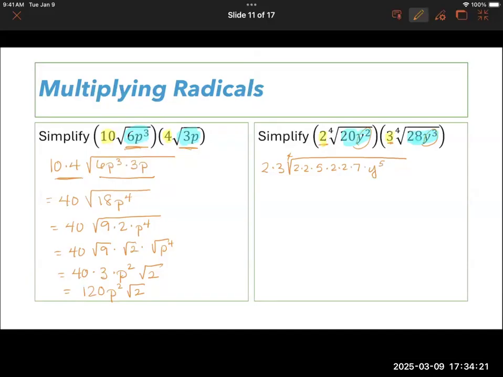Okay? And so what we're looking for is any factor that can be used 4 times, which we have with our 2's. We've got 4 2's here.